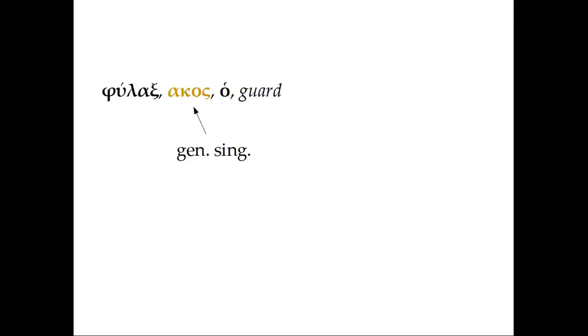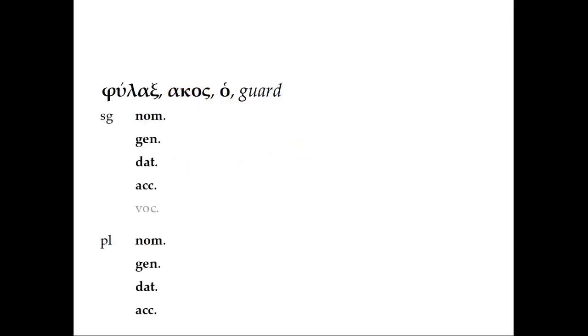This is a sort of abbreviation that we see usually in lexicons. So phulax, nominative singular, phulakos, genitive singular. And as usual, we see the form of the definite article that indicates the gender, ho here, masculine, and then the definition, guard. So we're going to take a look at this noun throughout its declension.